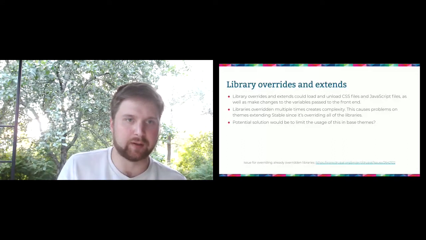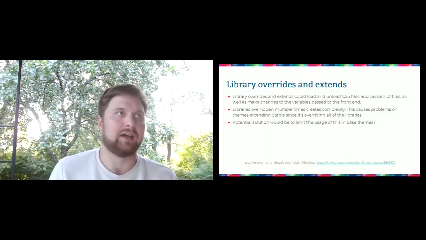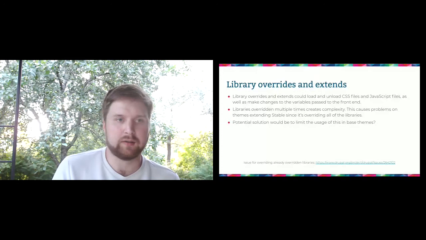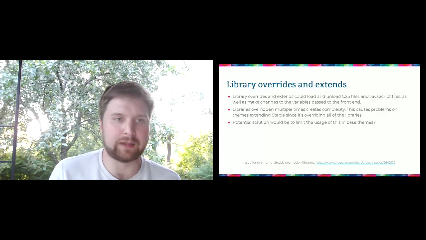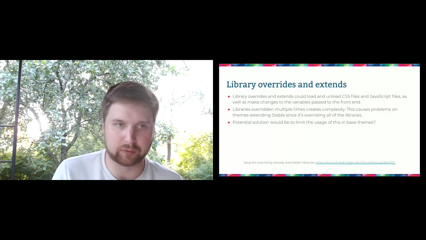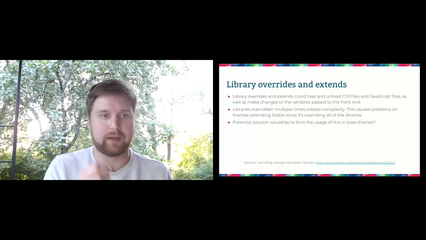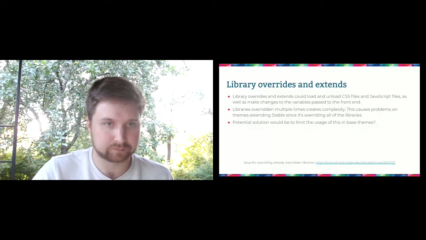So, for example, if you replace the jQuery UI dialog with a Bootstrap dialog, that obviously has an impact on your child themes. There could be some more subtle changes that could have an impact too, but essentially the library overrides and extends are something we have to be concerned about.